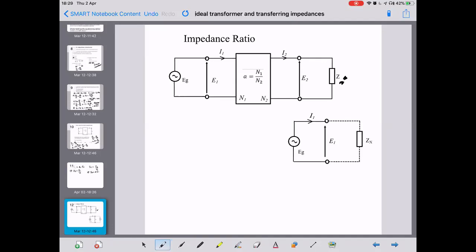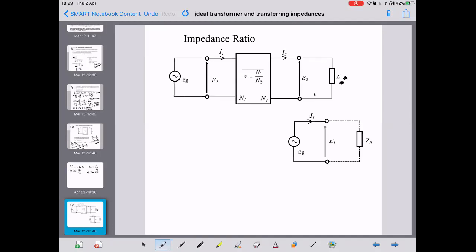We connect a generator to a primary, and we call that voltage at the primary terminals E1, and a current flows in the primary coil, and we've got a turns ratio A equal to N1 over N2. We get a secondary current, the secondary voltage across the terminals, and there's a load connected to those terminals.